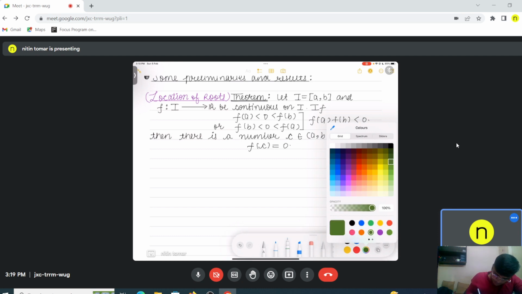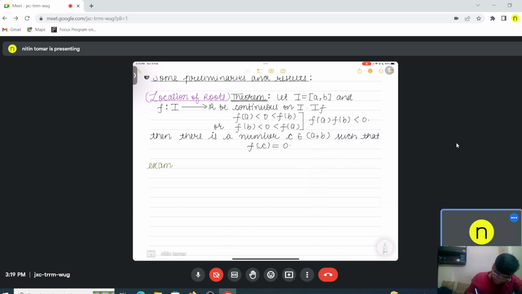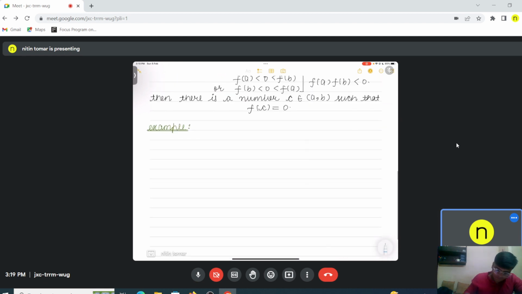So example, consider this function f(x) equals x e^x minus 2.